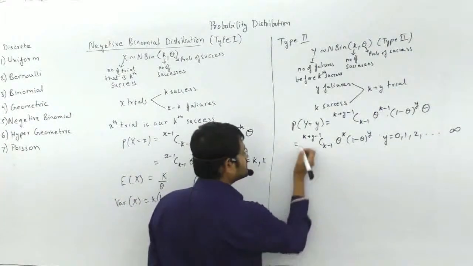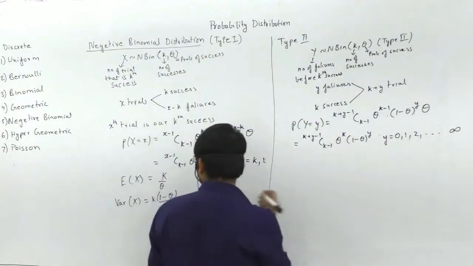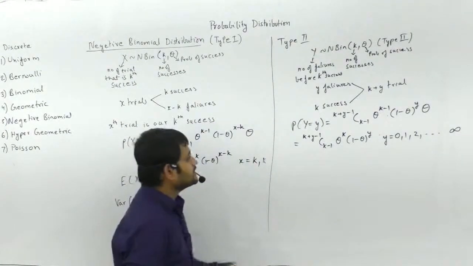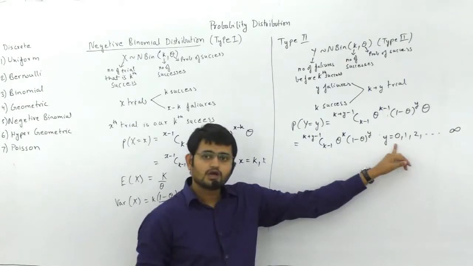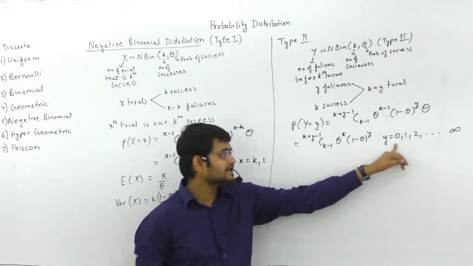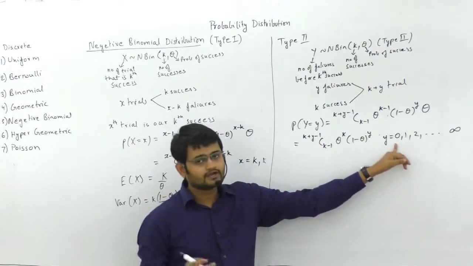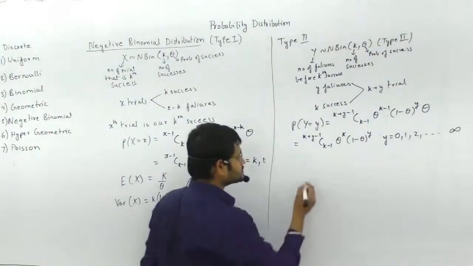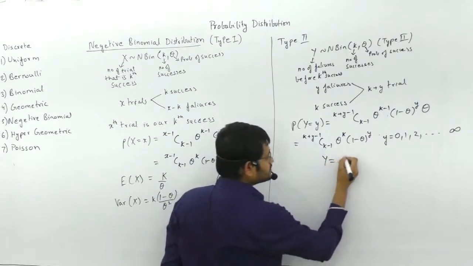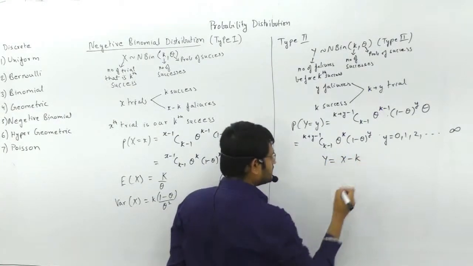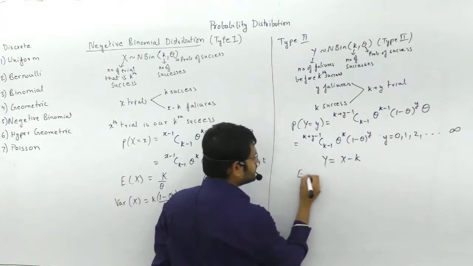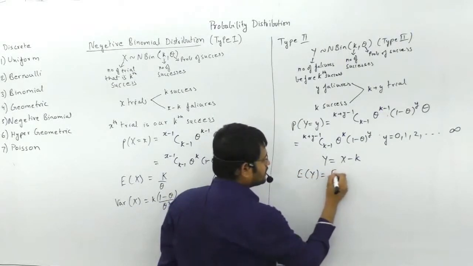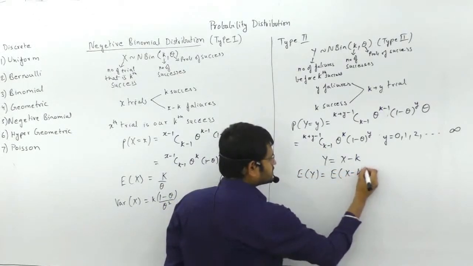What about the relation between Y and X? We know that when Y is 0, our X was k, we need k successes and 0 failures. So we'll have k trials and 0 failures. So I can say Y equals X minus k. Then the expected value of Y would be the expected value of X minus k.